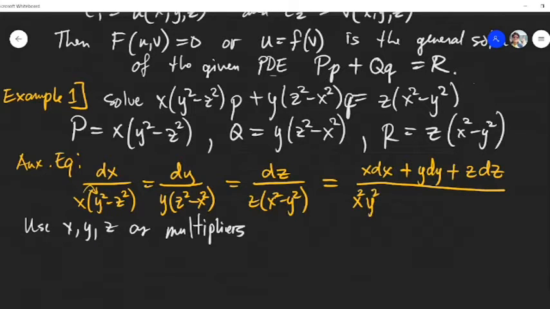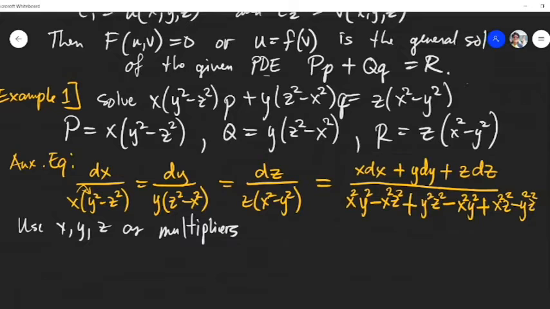Okay, so we multiplied x, so we have x squared, so xy squared minus x squared z squared plus the middle term or middle fraction, so we have y squared z squared minus x squared y squared plus, for the last denominator, we have x squared z squared minus y squared z squared.